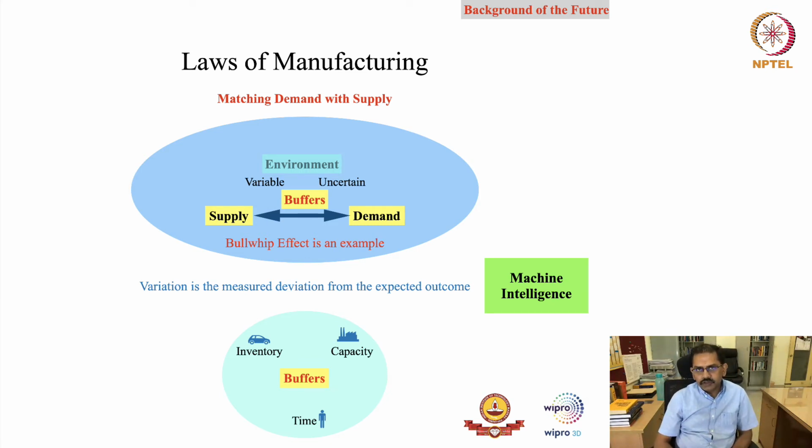I'll use AI and machine intelligence maybe synonymously, right? So can machine intelligence allow me to understand the environment better so that I can match this demand and supply at a cheaper cost, right? So maybe the role of buffers becomes limited, right? That could be in multiple ways, right?